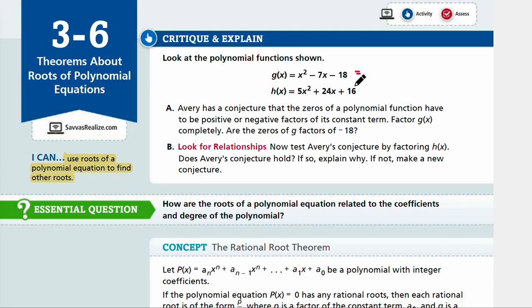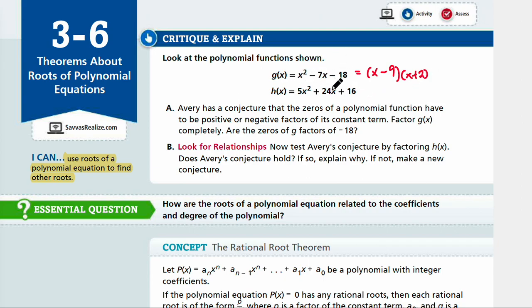We have 9 and 2, but one has to be negative, so we know it's going to be negative 9, in addition to a sum of negative 7. So x minus 9 times x plus 2 would have a product of negative 18 and a sum of negative 7.